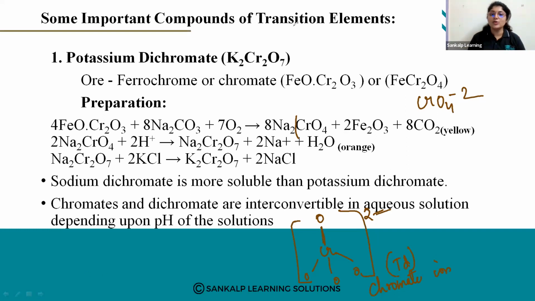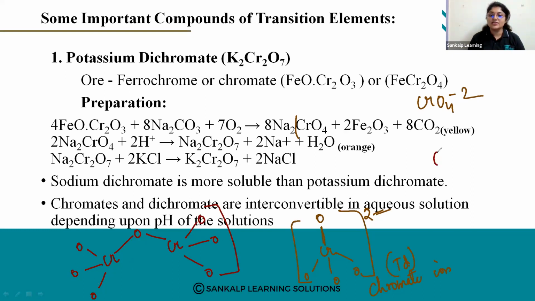Then we will see the structure for dichromate. Dichromate will be Cr, O, O, O, then one bridged oxygen, then oxygen, oxygen, oxygen. So dichromate is Cr2O7 2 minus: 1, 2, 3, 4, 5, 6, 7.